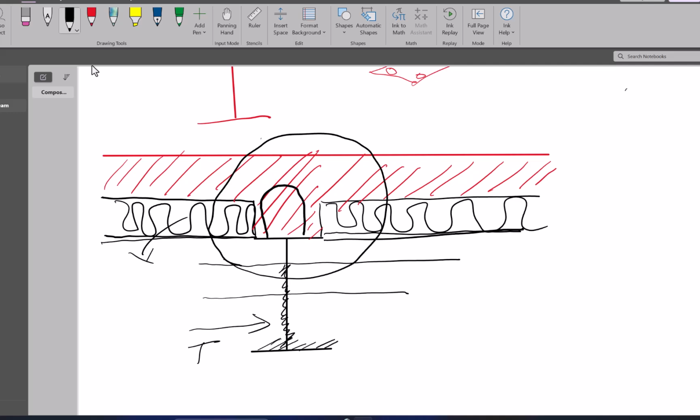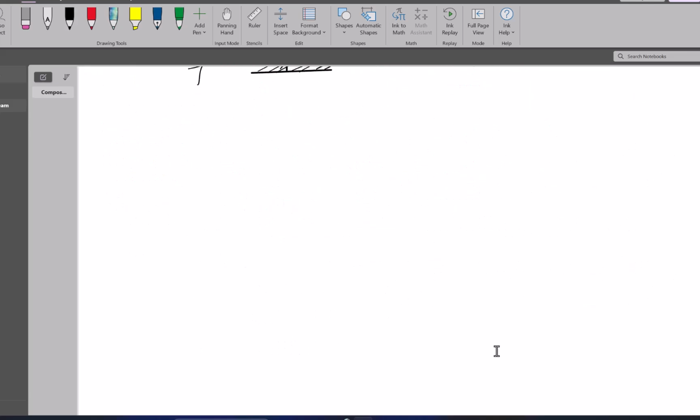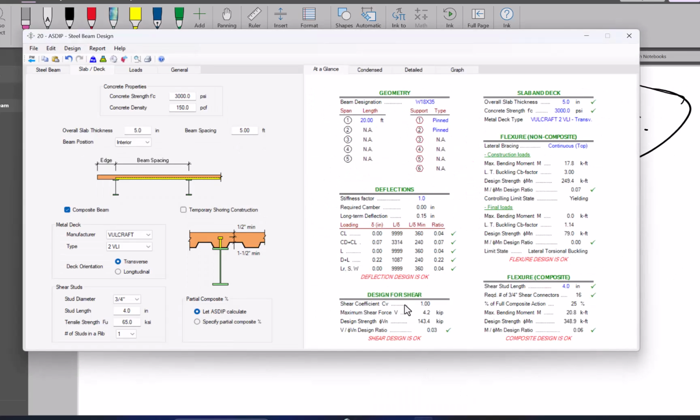So that's how the SCIP or ICF flooring system works in composite. According to the ASCE research papers, we achieve up to 50 to 60% composite beam action through this process.